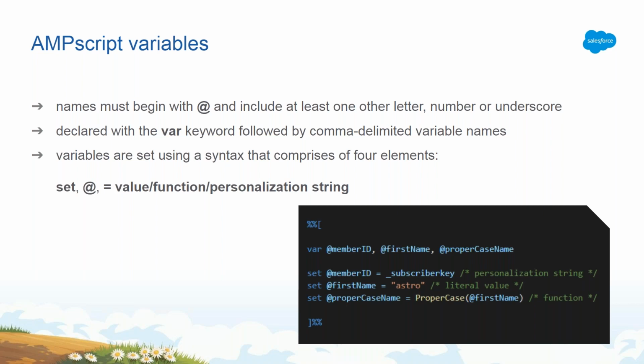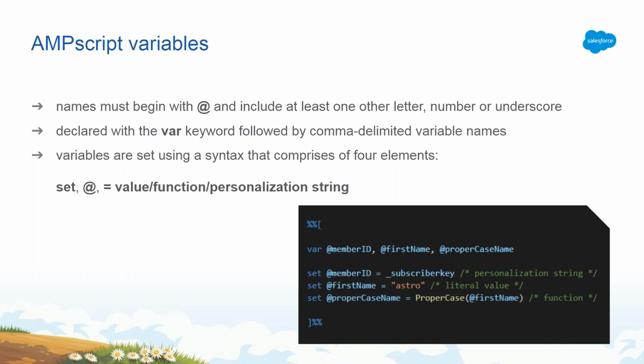So basically, you should first list all the variables you are going to use in your script before you go ahead and use them. After you declare your variables, you can set them, and you set variables using the set keyword and a syntax which comprises the following elements.